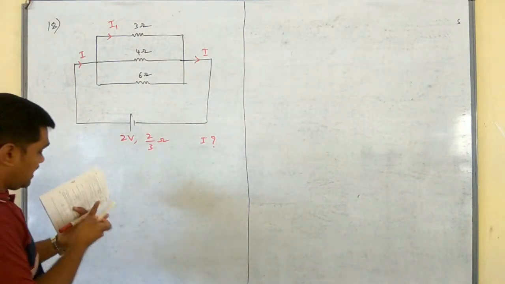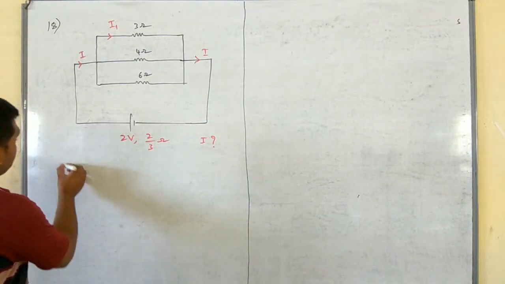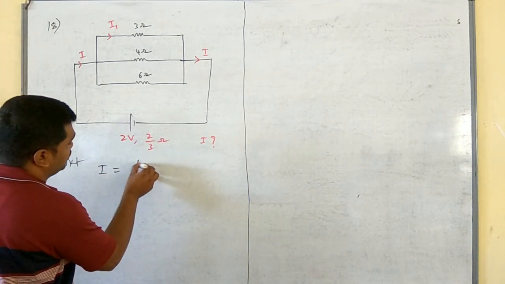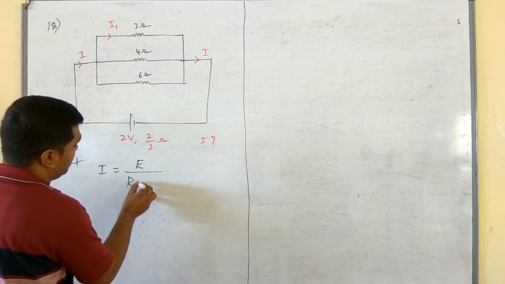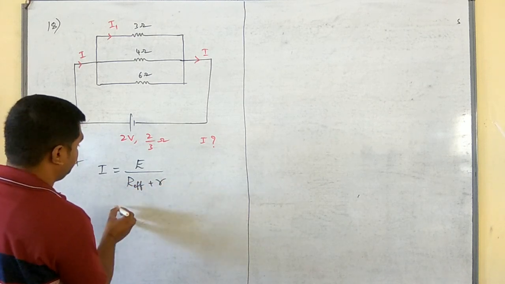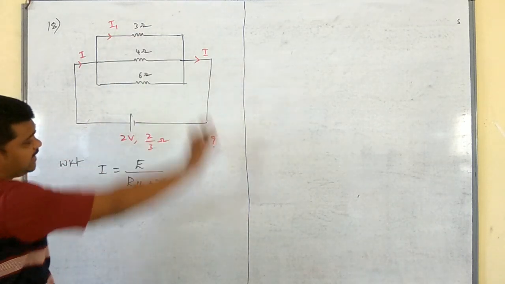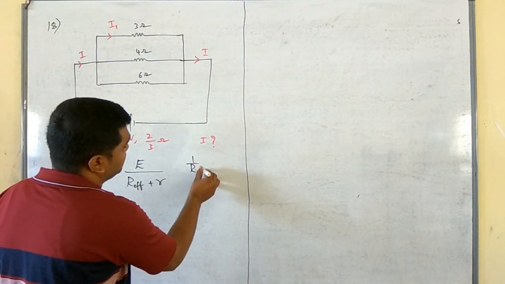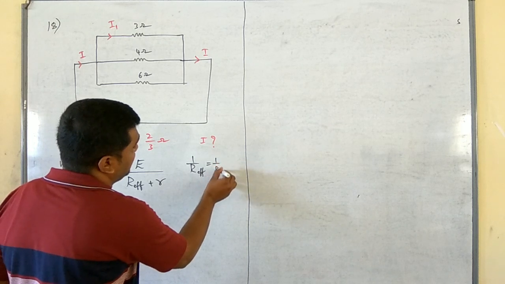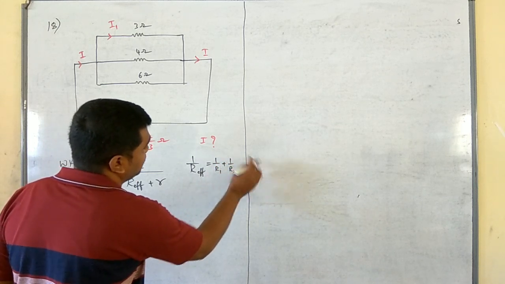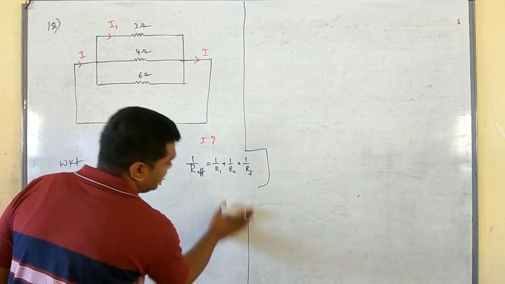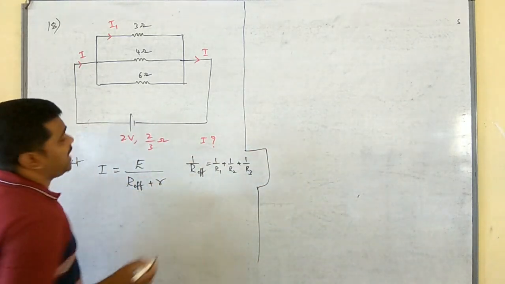How to find out I? We know that I is equal to E divided by R effective plus small r. How to find the value of R effective? 1 divided by R effective is equal to 1 by R1 plus 1 by R2 plus 1 by R3, since those 3 resistors are connected in parallel.